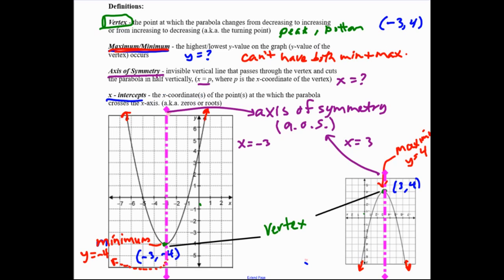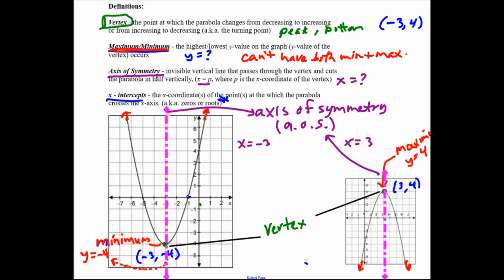We also call these two other things, the roots or the zeros. If you're ever asked to find the roots of a parabola, they're asking you to find the x-intercepts. Why are they called the zeros? Because they're at y equals 0.